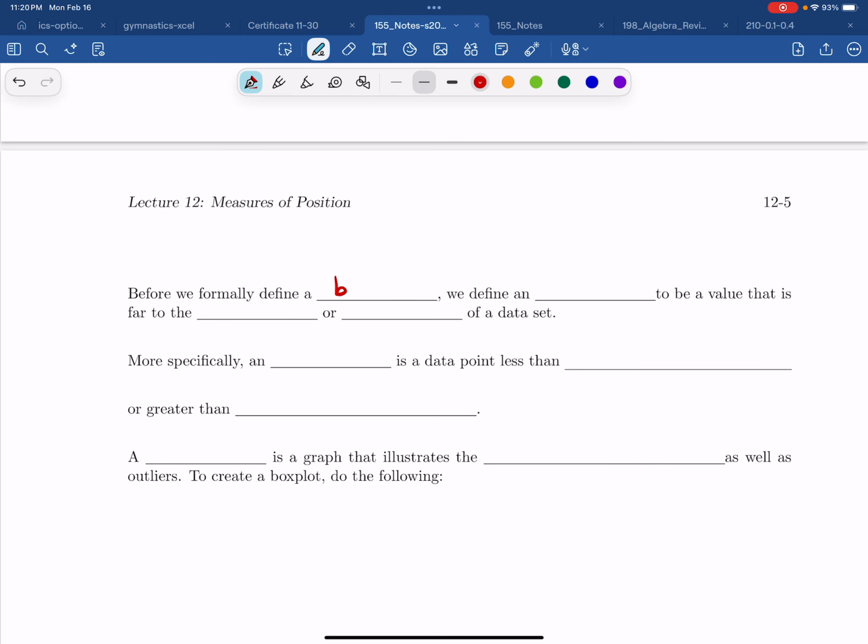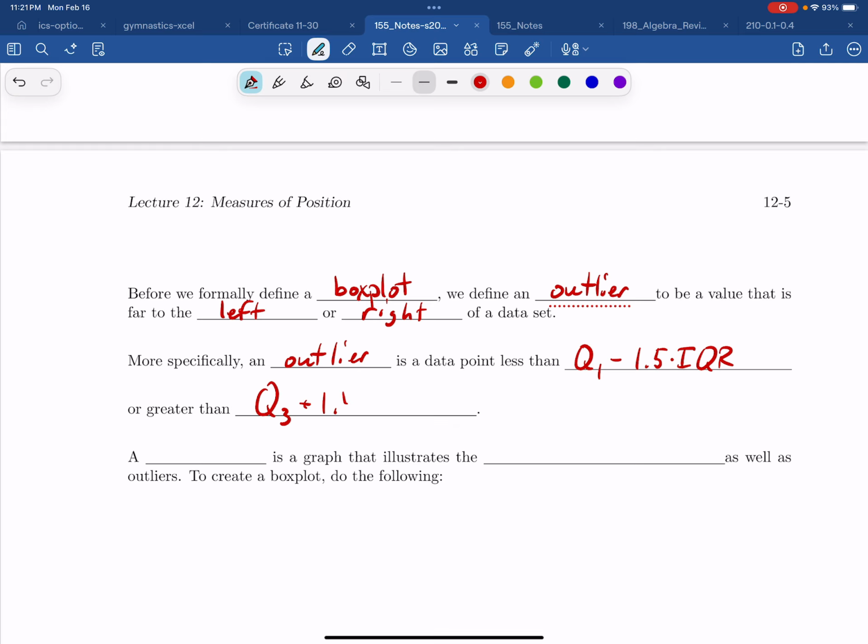So before we formally define a box plot, we define an outlier. We won't worry too much about marking them because we don't have the graph right now in Excel. But in general, an outlier is far to the left or far to the right of a data set. We are going to formally define an outlier to be a data point less than Q1 minus 1.5 times the IQR, or greater than Q3 plus 1.5 times the IQR.